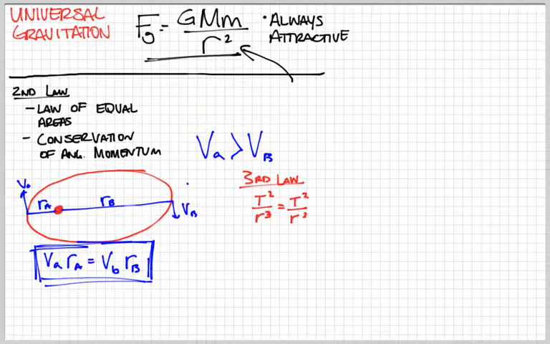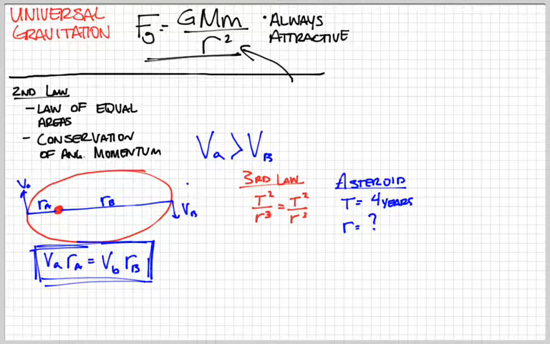And let's say that with our telescope, we know that the period of this asteroid that we happen to see going around the sun is 4 years. And what we want to know is, based on this period of 4 years, how much farther away from the sun is this asteroid than we are?